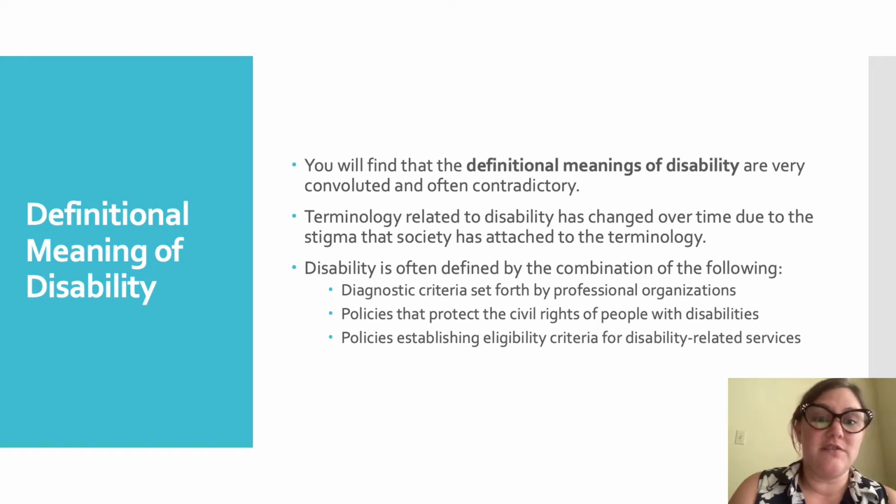Disability is often defined by a combination of the following: diagnostic criteria that are set forth by professional organizations. This is what we're going to focus on in this video. In other videos, we'll focus on the other two listed here: policies that protect the civil rights of people with disabilities and policies that establish eligibility criteria for disability-related services.